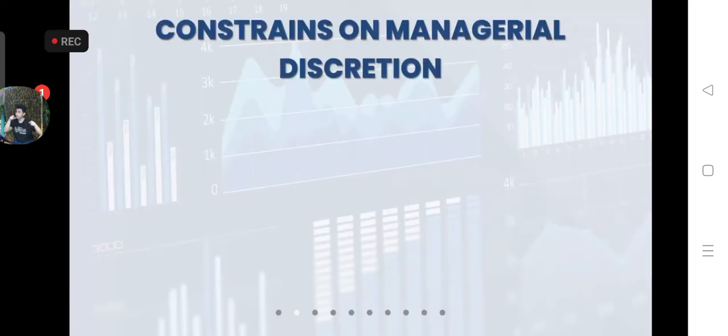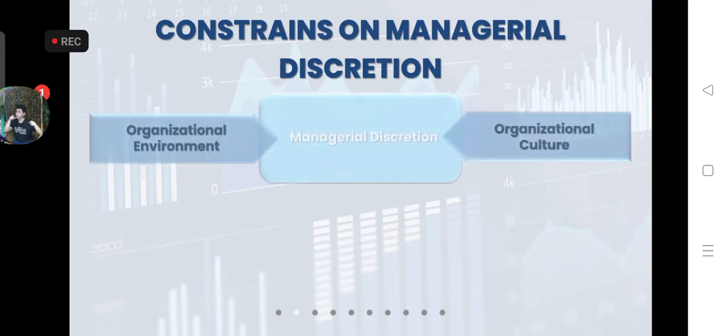So, constraints on managerial discretion. Discretion in business is defined as when a company or organization is responsible for deciding when or how to perform certain tasks or work based on their knowledge and ability to judge. But in managerial discretion, managers are given positions of power to act on behalf of their organization.